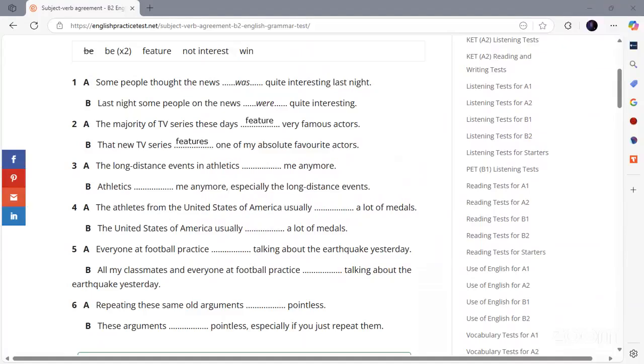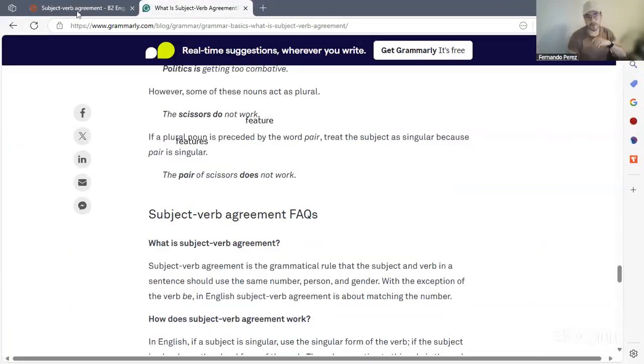The long distance events in athletics... Pronunciation. Events. The long distance events in athletics... You know, "not anymore" is similar to "no more."